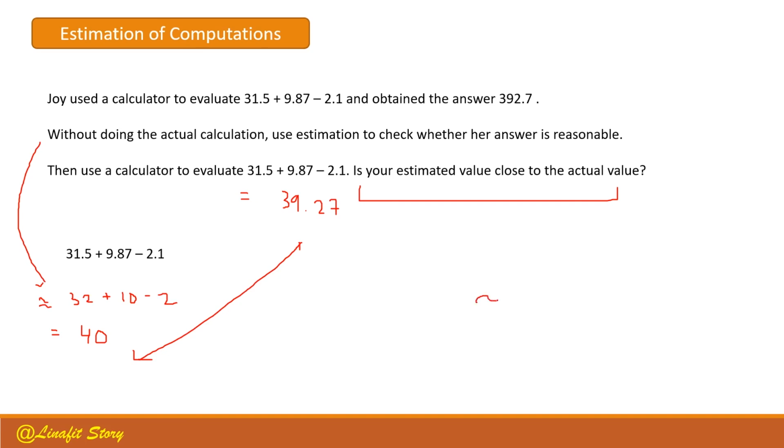We use the approximation sign when it is not important to specify the degree of accuracy. For example, 31.5, we round it up, becomes 32.